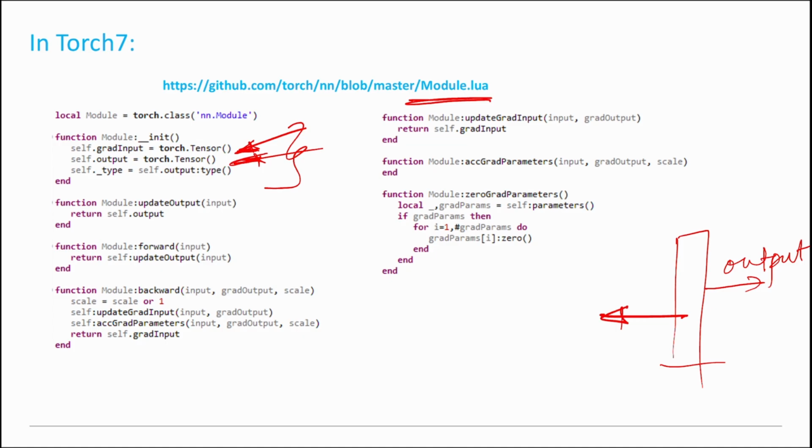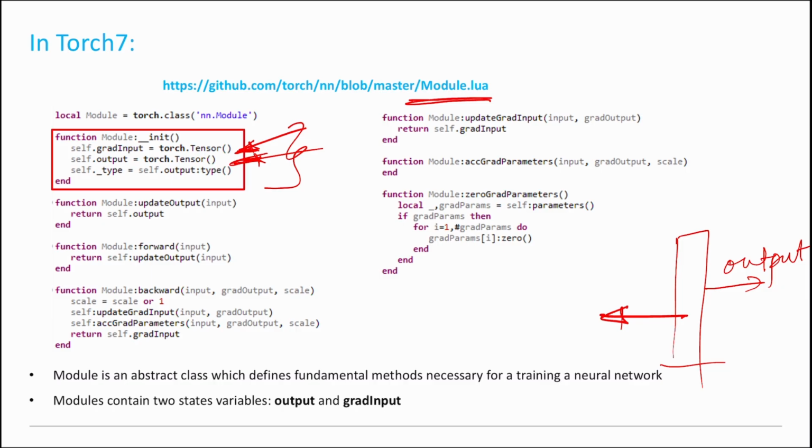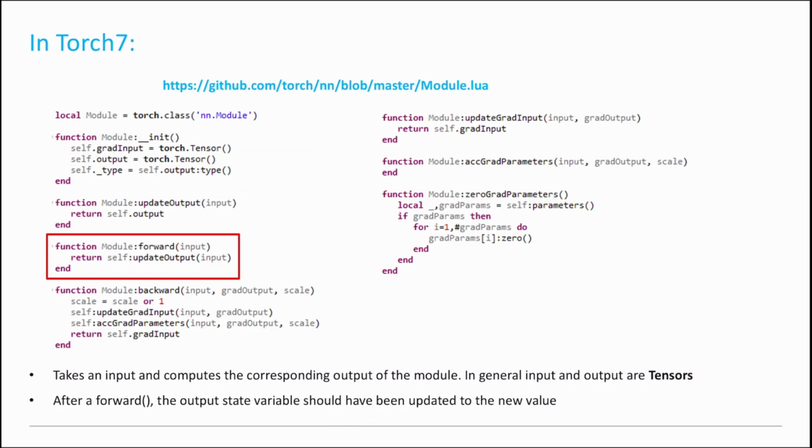Now there are these different functions. So let's look at them. The module is an abstract class which defines fundamental methods necessary for training a neural network, and module contains, like I said, two state variables, the output and the grad input. Now we have two main functions, the forward and the backward. And forward takes as a parameter the input and computes the corresponding output of that module, right?